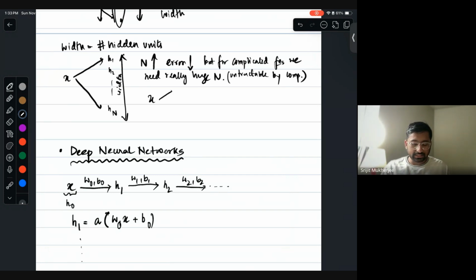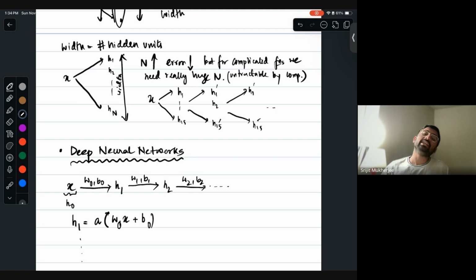Like x, let's say only 15 neurons, and then another 15 neurons, and then another 15 neurons. So can you also do it like this?